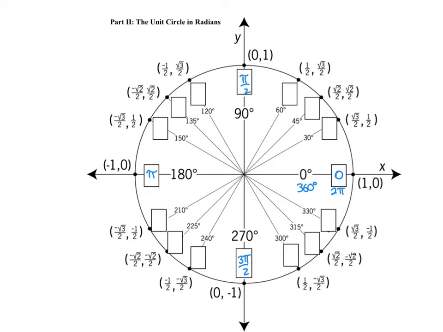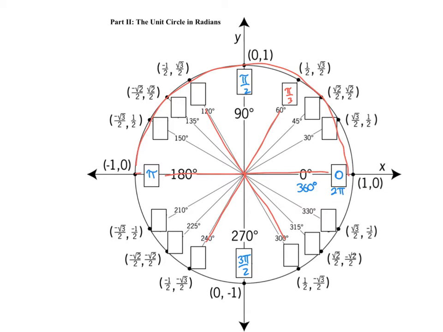Now if you take the top half of the unit circle, this top semicircle, and you divide it into 3 equal parts, that would look something like this. And I'm going to divide the whole unit circle into parts that size. And our 60-degree angle is going to be pi over 3, 1/3 of a pi.